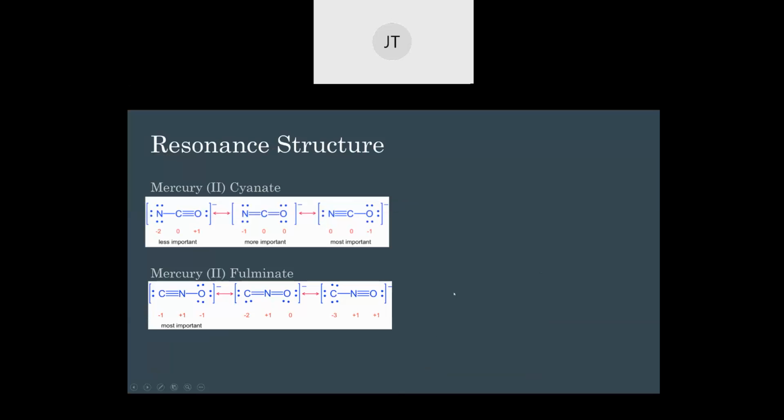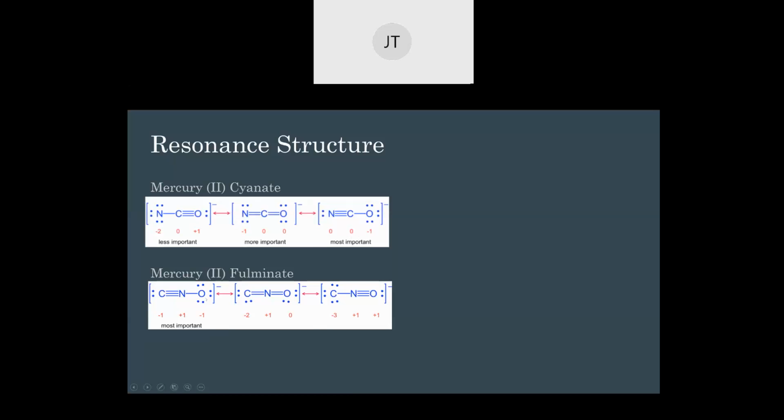Now, resonance structures. For the mercury 2 cyanate and the mercury 2 fulminate, they have 3 different resonance structures. The difference between them is the formal charge on each element. If we take, for example, the mercury 2 cyanate and the first one, the nitrogen has -2, the carbon has 0, and the oxygen has 1. If you see the second one, it's different. The nitrogen has -1, the carbon has 0, and the oxygen has 0, and same for the last one.